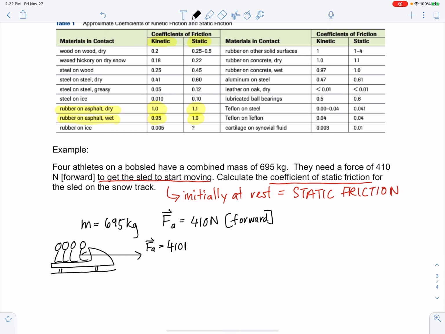What that means is in order to get it to move, you have to overcome static friction. So if it takes 410 newtons just to get it to move, that means that static friction must be present and must have a magnitude of 410 newtons backwards.